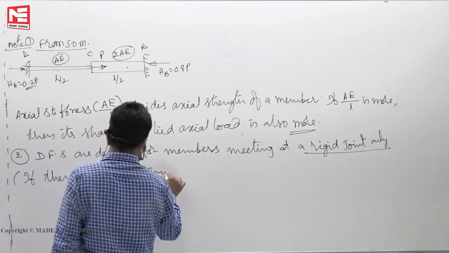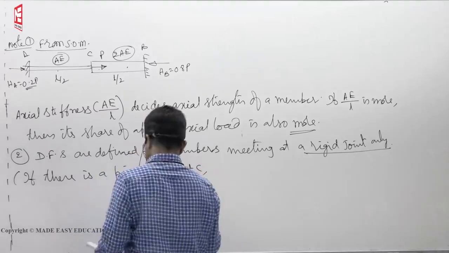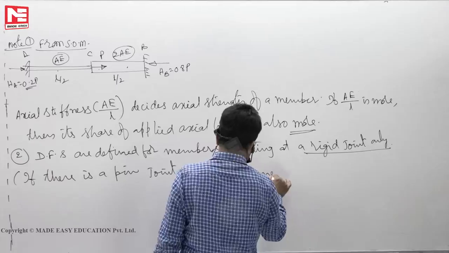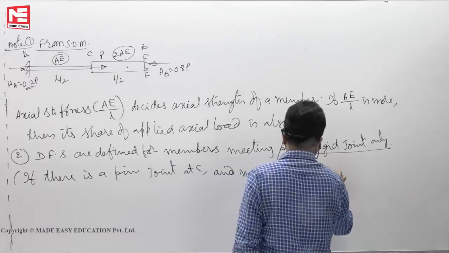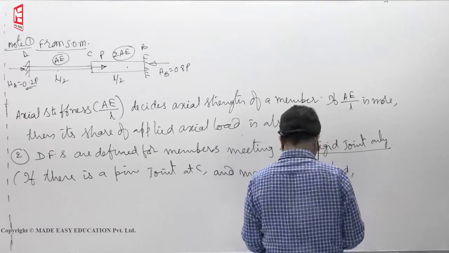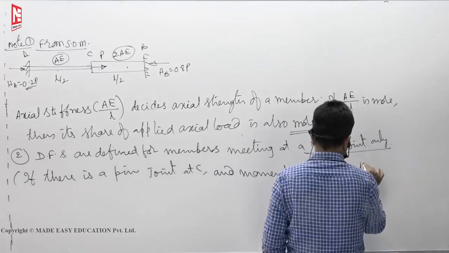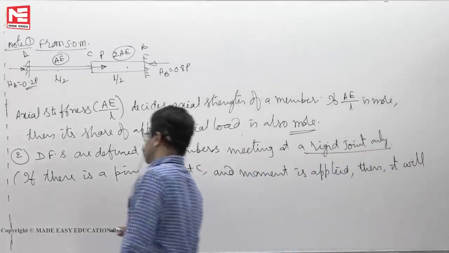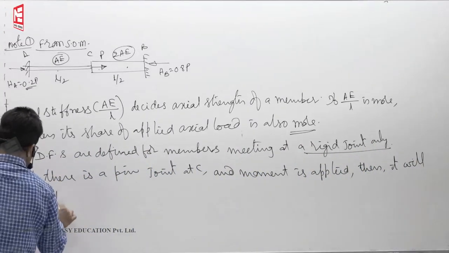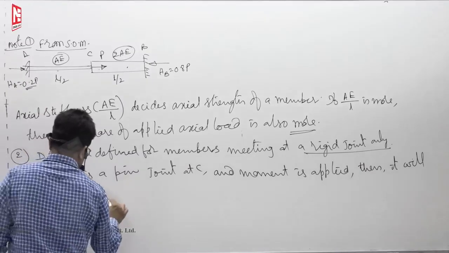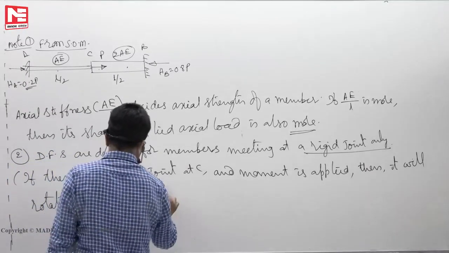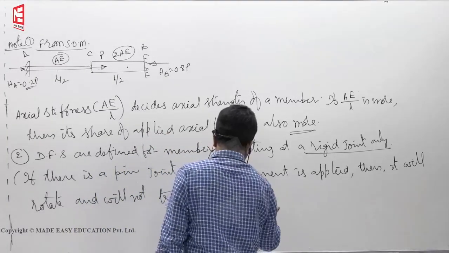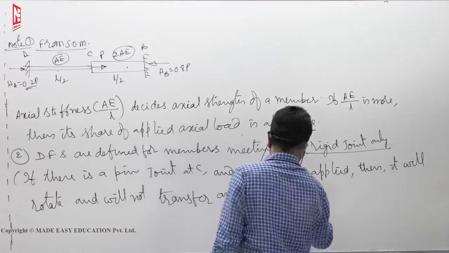If there is a pin joint at C and moment is applied, then it will rotate, and will not transfer any moment to any member.